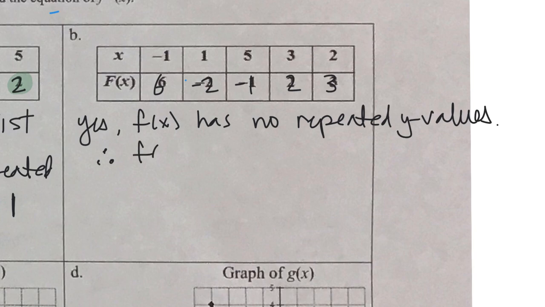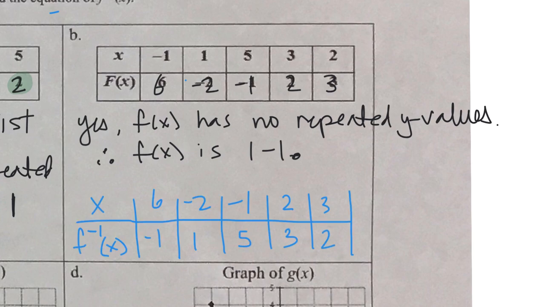Therefore, f of x is one-to-one. Because it's one-to-one, we can write the inverse relation. So we're going to make our own table, and we're going to put the points in there as an inverse. So here's our inverse relation, f inverse. The inverse does exist because our function is one-to-one, because we have no repeated y values in the table.